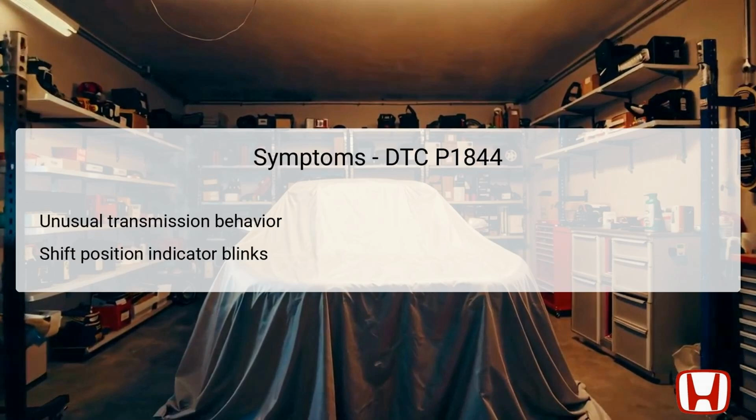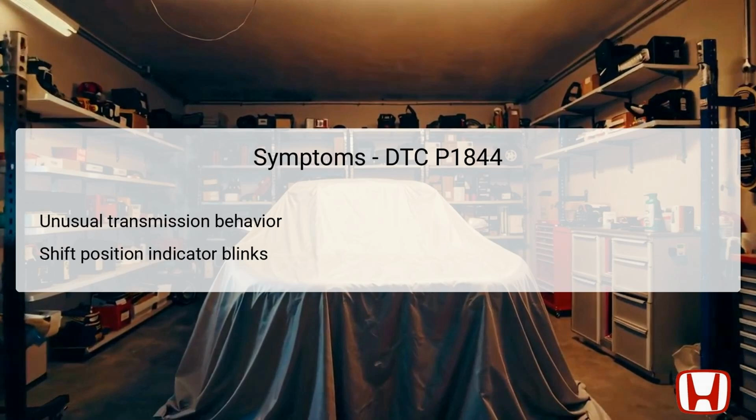When DTC P1844 is present, several symptoms may manifest, primarily affecting vehicle performance. One of the more observable symptoms is unusual transmission behavior, where drivers might experience erratic shifting, delays, or abrupt changes in transmission operation. This happens because the TCM cannot accurately determine how the transmission is functioning without proper input from the drive pulley speed sensor.